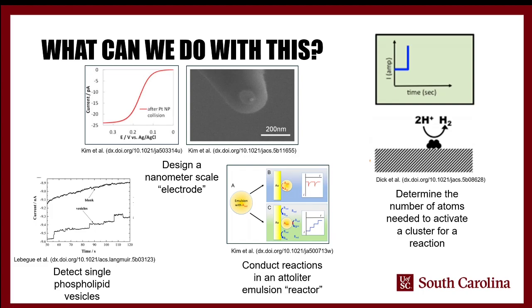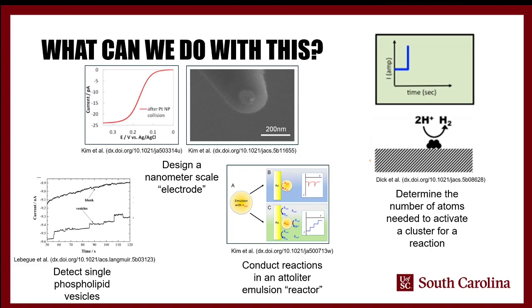And again, because the rest of the tip, this disc area here, all the rest of that is insulated, there's no electrochemical activity happening here at all. The only place is on this small nanoparticle. And so what that means is you all of a sudden have this very, very sensitive tip.